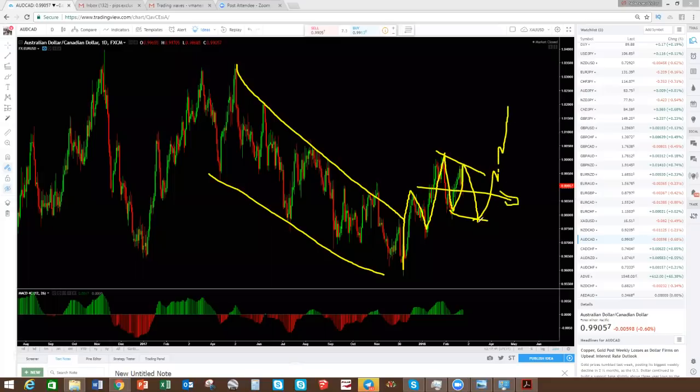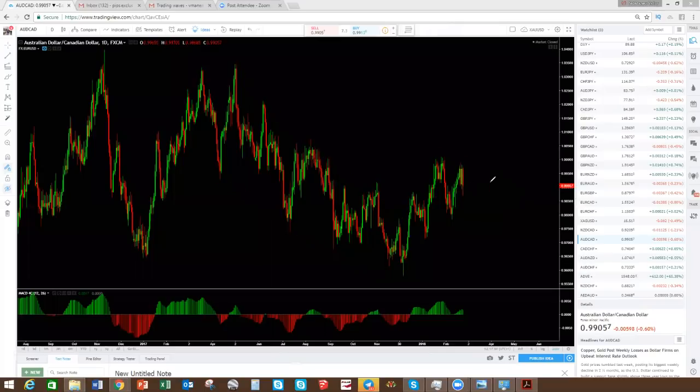It's going sideways. When it gets out of here, we know we're going to get a big move up. When you're busy trading here in this correction, this thing will be going up and down in short moves, and it'll just be taking your money. That's why it's important to know when to trade. We want the big moves. So it can even be correcting here. If it does that, then we are going.